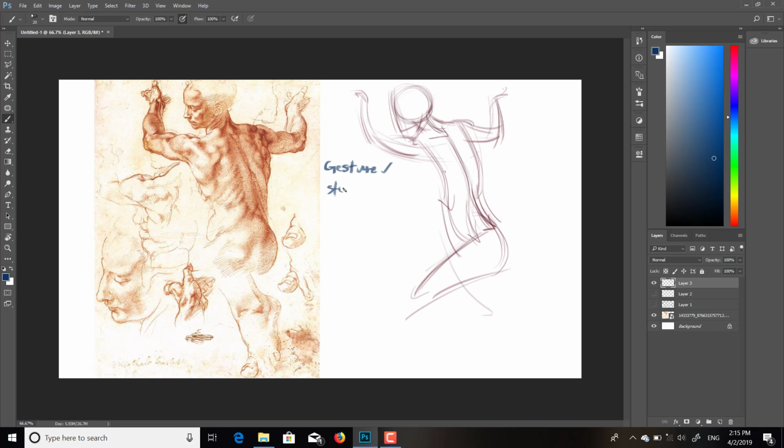And here remains structure. I could work more on gesture, but I want to keep it simple and easy to understand for you.